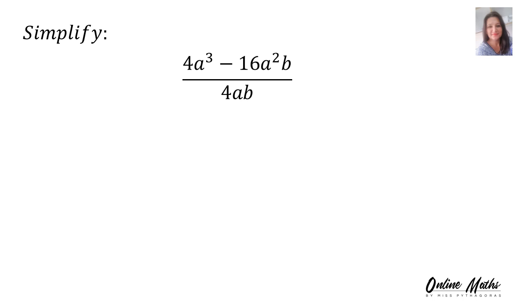Let's do another division. When I give you this binomial on top of a monomial, what you do, you split it up into 4a to the 3 over 4ab minus 16a squared b over 4ab. And then you deal with each term individually. So you will say 4 goes in itself once, 4 goes in itself once.